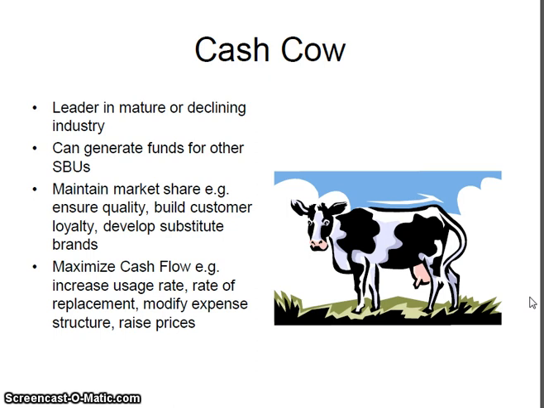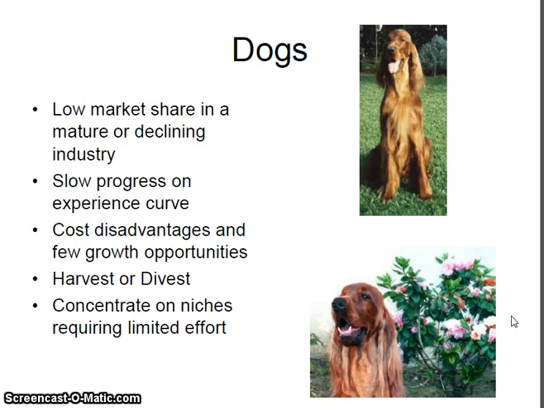Maximize cash flow, increase usage rate or replacement, and raise prices. It gives more money. Low market share in a mature or declining industry, slow progress, expensive, cost disadvantages, and few growth opportunities. Harvest or divest, concentrate on niches requiring limited effort.